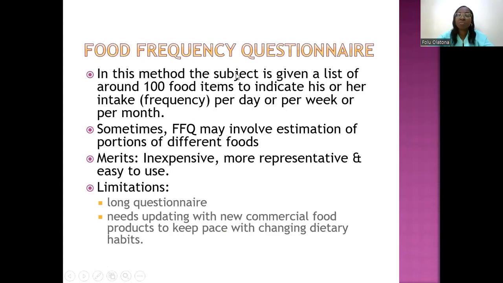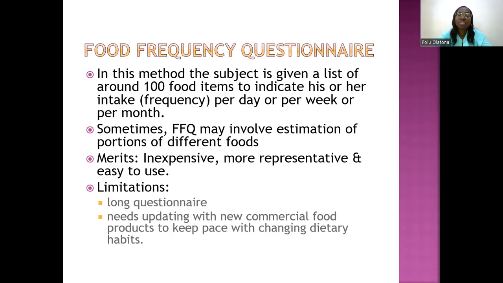Then food frequency questionnaire. That's the second method. The person is given a list of all the food items, which can be up to 100, to indicate his or her intake per day or per week. Usually we have the one that is per week that we use in Nigeria. So you indicate how many days of the week you eat that particular food.